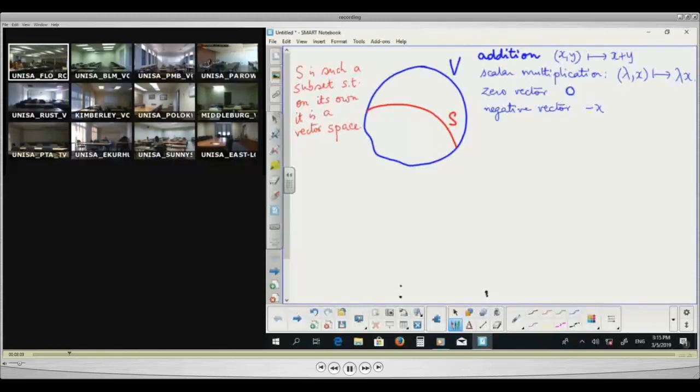I take two things from here. I need to have an addition. Well, obviously I know how to add them in V. Okay? So it's very natural to expect that x plus y, that addition in V, is actually sitting in S. Right?